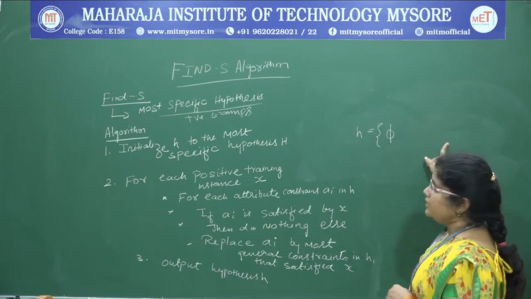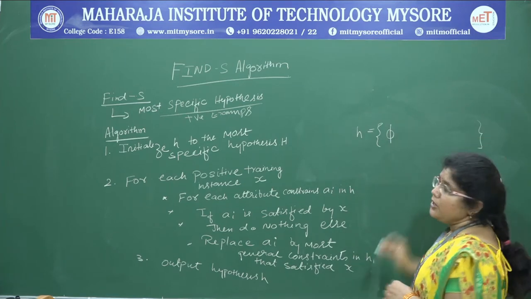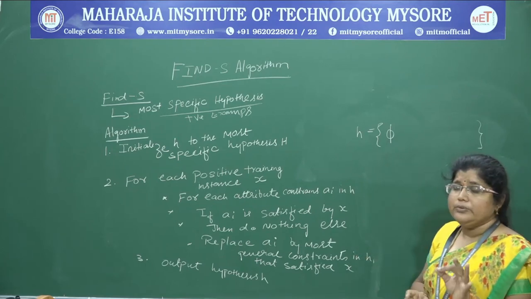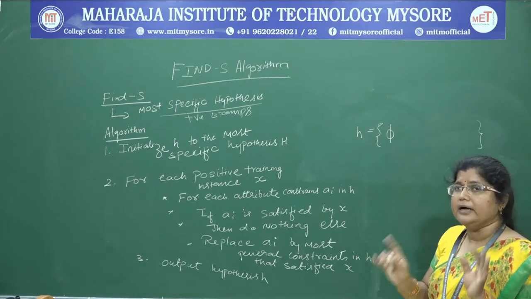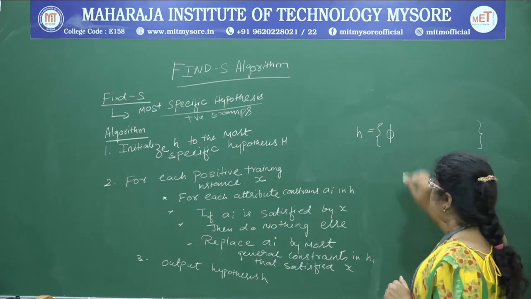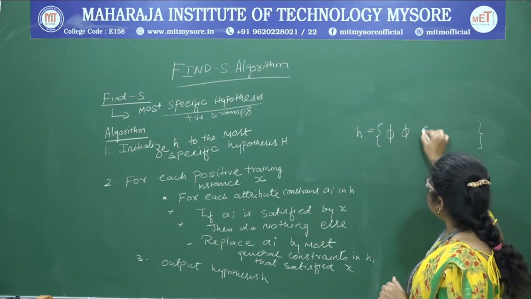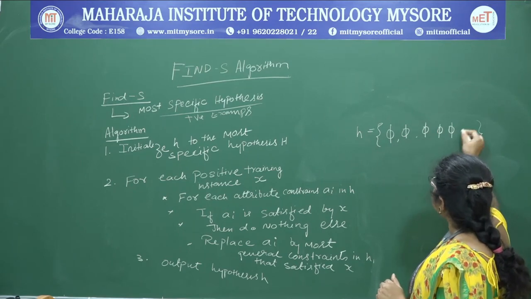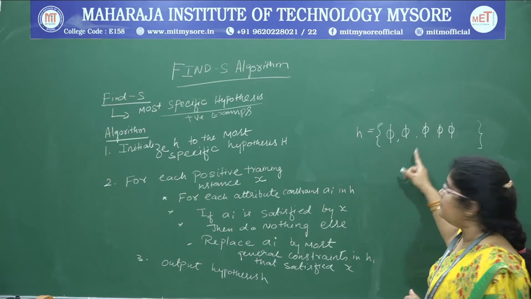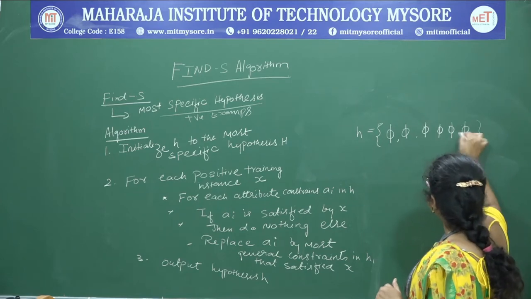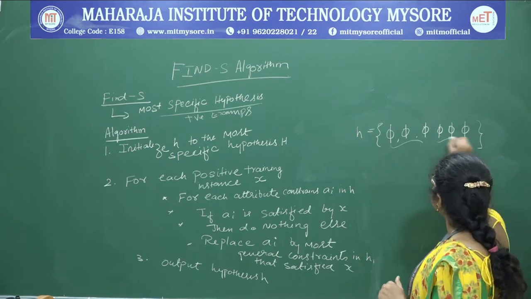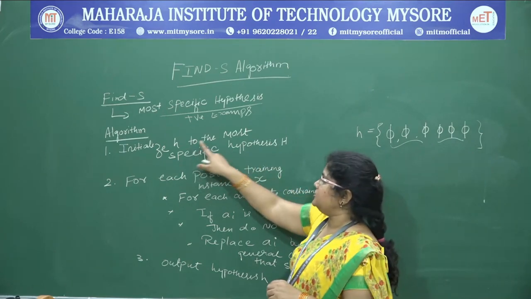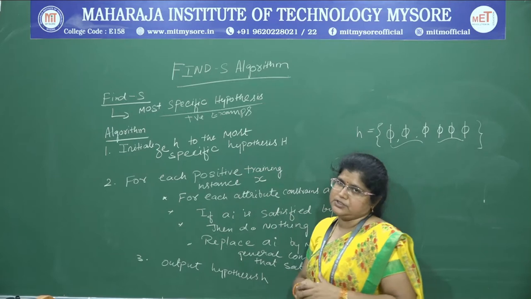The number of phi in the set will be equal to the number of attributes present in the data set table. The phi values are separated by commas, and the number of phi must match the number of attributes. That is how we initialize H to the most specific hypothesis.